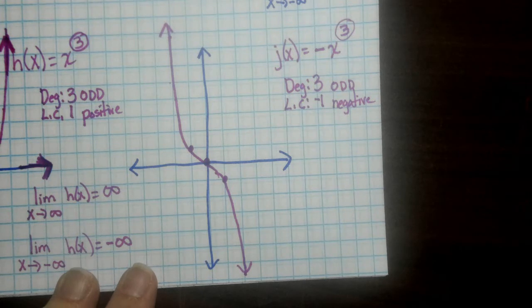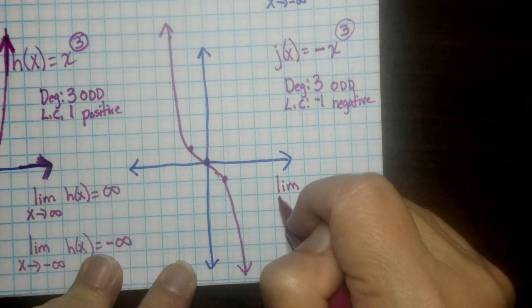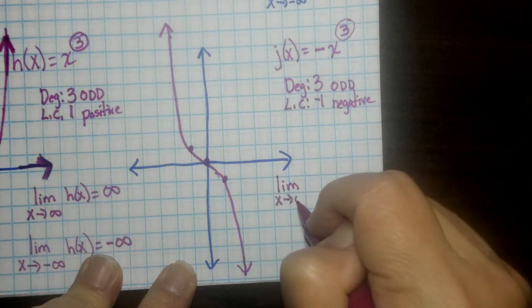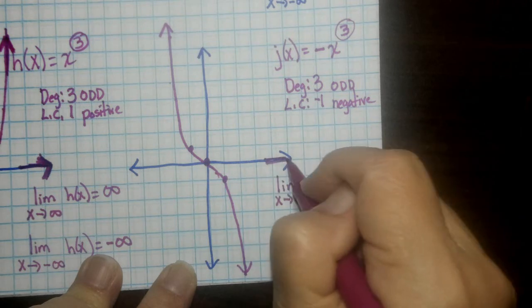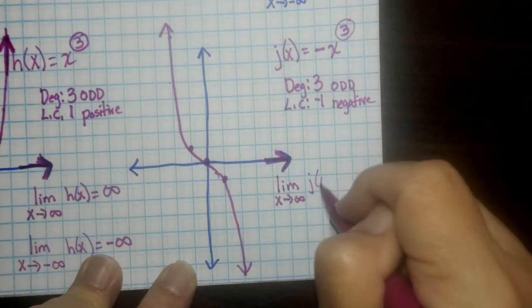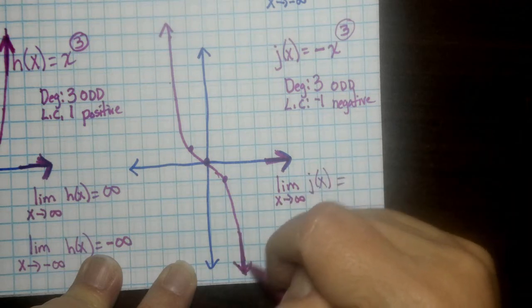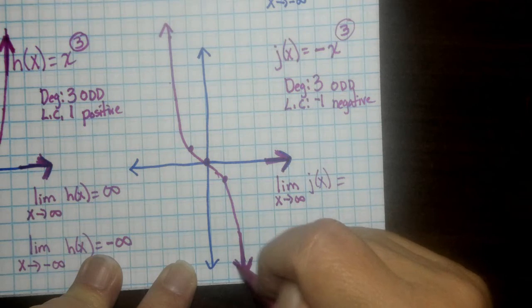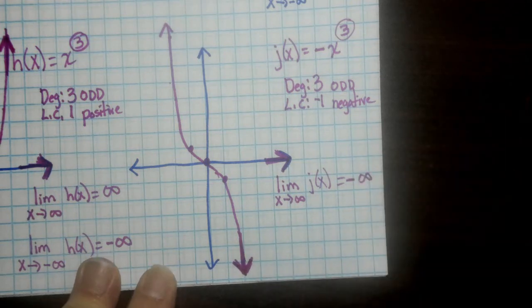So by virtue of that information, my limit as x approaches infinity, so my end behavior, as x goes out this way, j of x approaches or has a limit of negative infinity.